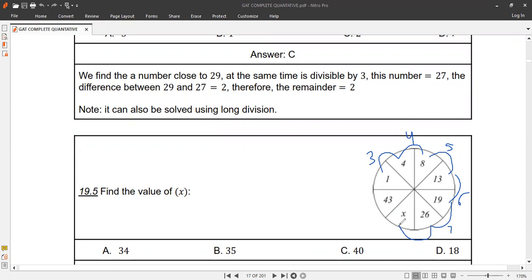If you add 8 to 26, it is 34, because we keep adding the same number plus 1. So 26 plus 8 equals 34.